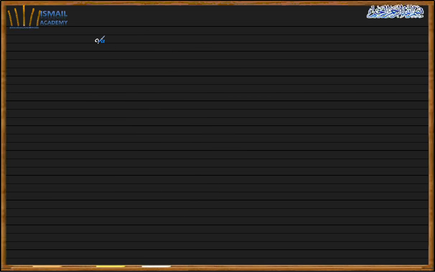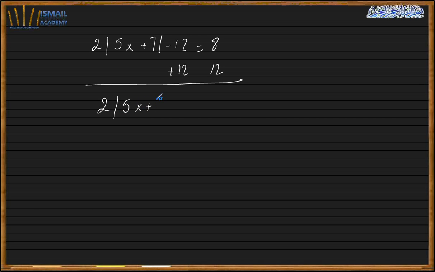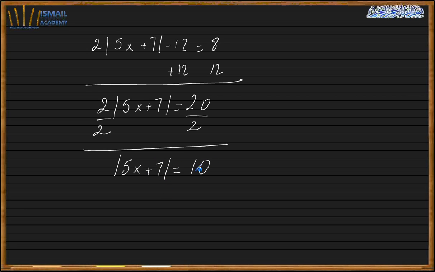Last example. If I have 2 times the absolute value of 5x plus 7, minus 12, equals 8. So I add 12 both sides. I get 2 times the absolute value of 5x plus 7 equals 20. Divide by 2. The absolute value of 5x plus 7 equals 10. Now positive equals positive, so I can open it into two equations. 5x plus 7 equals 10, or 5x plus 7 equals negative 10.